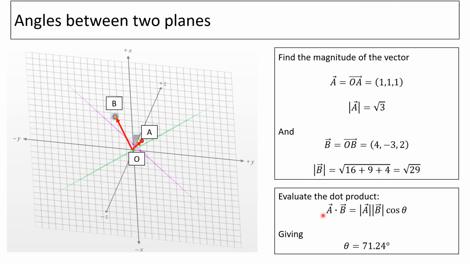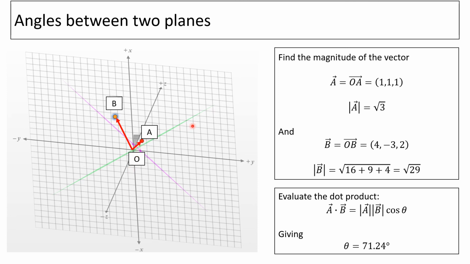You can work out A dot B on your own, and from there you will get cos theta, and theta is going to be equal to 71.24 degrees. This is almost 90 degrees, as you have seen in the figure on the left, where the vectors are almost perpendicular.